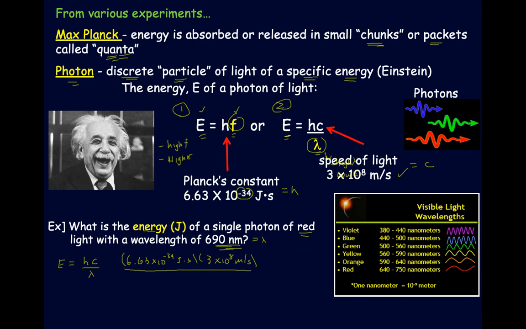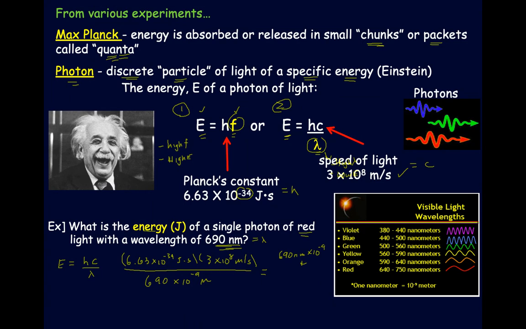And again, the wavelength has to be in meters. So we're going to do the same thing that we did before. We're going to take 690 nanometers, and we're going to multiply it by 10 to the minus 9th, and then we will get 690 times 10 to the minus 9th meters. Okay, and we're going to put this together. All right, and we will calculate this really quickly. Grab your calculators and let's calculate. We'll take 6.63 to the minus 34.